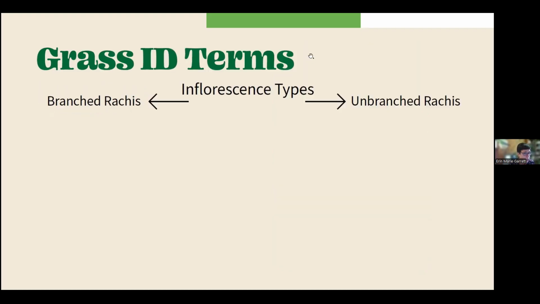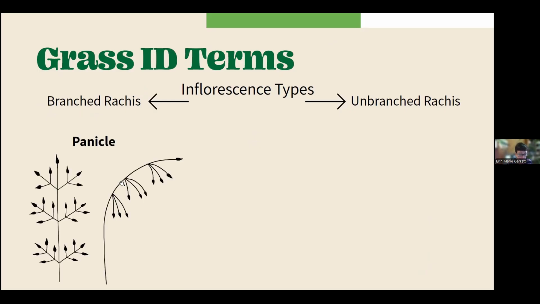All right, next we're going to review the three main types of inflorescences, or the way that those spikelets can be arranged, and we're going to break it down into some paired statements. Our first paired statement is: is our rachis, remember that's the stem of our inflorescence, branched or unbranched? If it's branched, we call that a panicle.